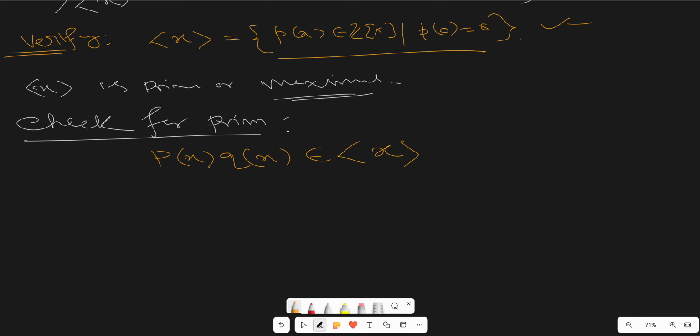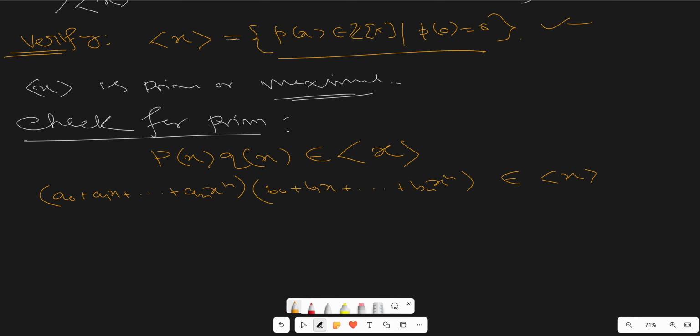Suppose you have two polynomials, p(x) equal to a0 plus a1x plus dot dot dot plus an x to the power n, and q(x) equal to b0 plus b1x dot dot dot plus bn x to the power n. Their product is inside the ideal generated by x. What do you expect?